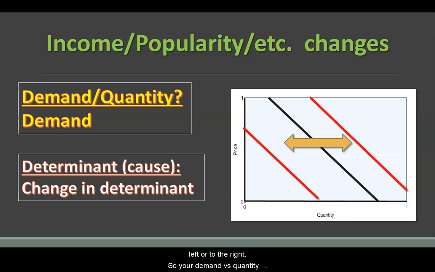So your demand versus quantity demanded, the answer is going to be demand. The cause or the determinant is going to be that popularity, change in income, seasons, whatever it was that happened in that scenario. And then the line is going to move to the left if it's decreased demand, or it's going to move to the right or outward if it's an increase in that demand.